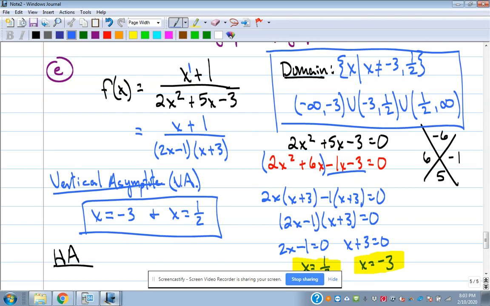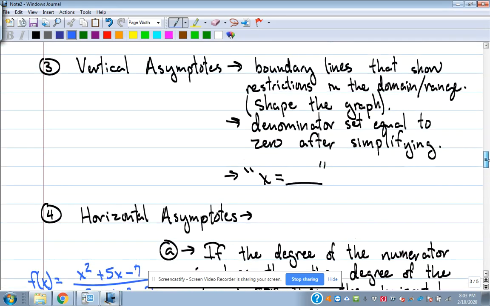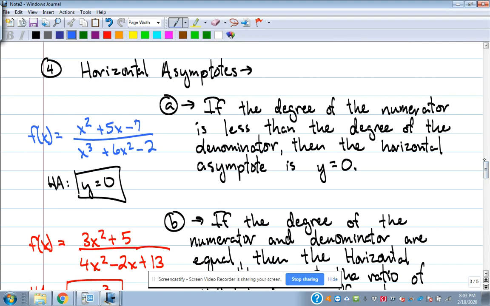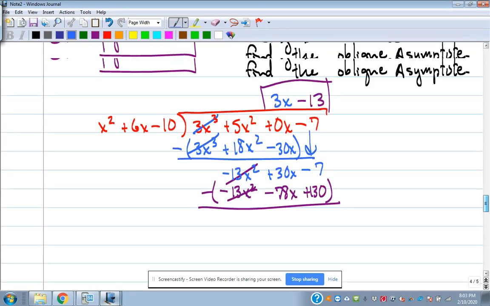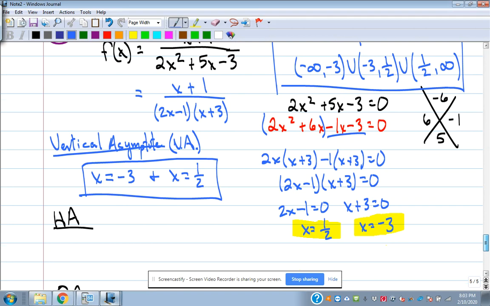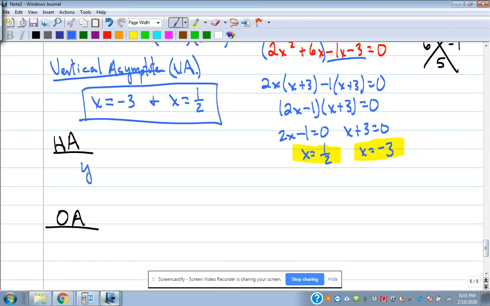Horizontals or obliques? Horizontal. So it fits this rule, Scenario A. The degree of the numerator is less than the degree of the denominator. So that automatically means my horizontal asymptote is y equals 0. And we like that when that happens.